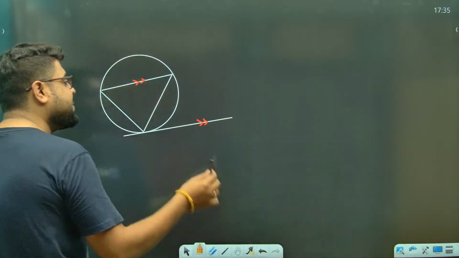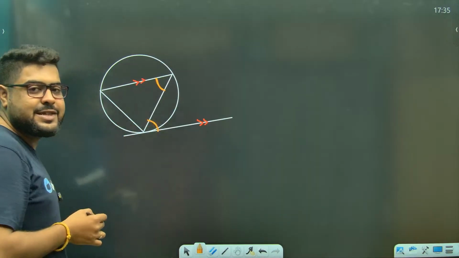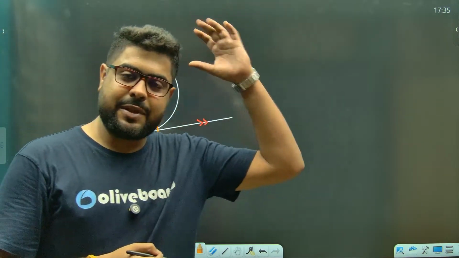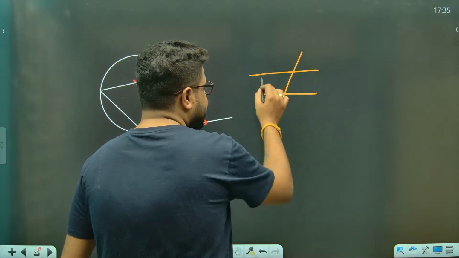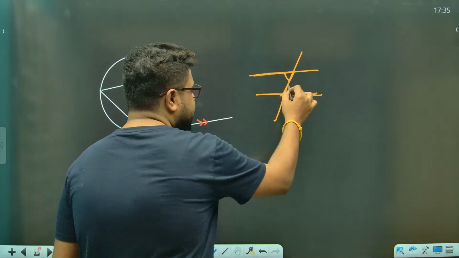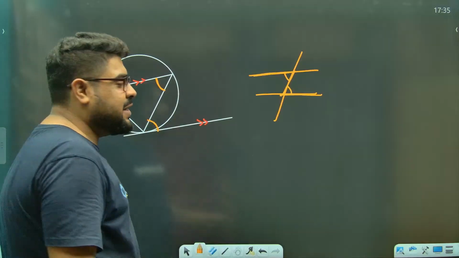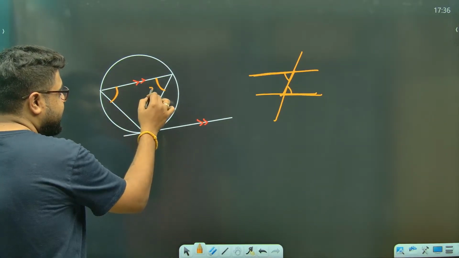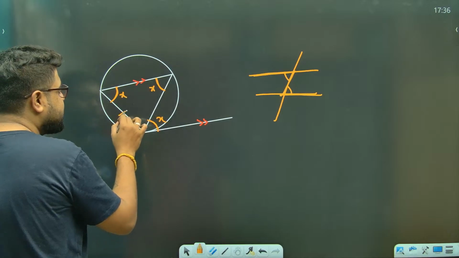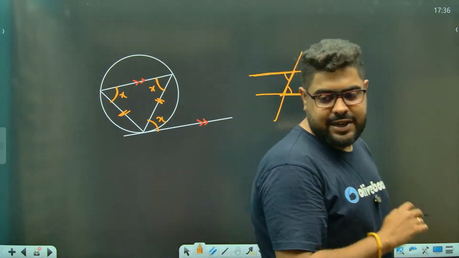Now remember, this angle is already equal to this angle. This is called alternate angle from the parallel lines. Whenever you see a Z, these two angles are equal. And the alternate segment theorem is saying this is equal to this angle. So if this is x, then the conclusion is these two sides are also equal. These two chords actually. So both the chords are equal from there.